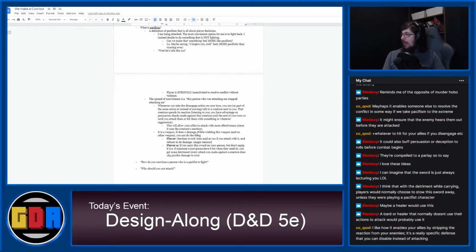It may be that that's too much. It may be that the sword doing 0 damage is too much. Yes, that makes the most sense thematically in terms of pacifism, but in terms of design, it's just way too much, and now nobody ever uses it. That would be a genuine concern that I would have moving forward with this design. And these are all the kinds of things we'd look for in playtesting.